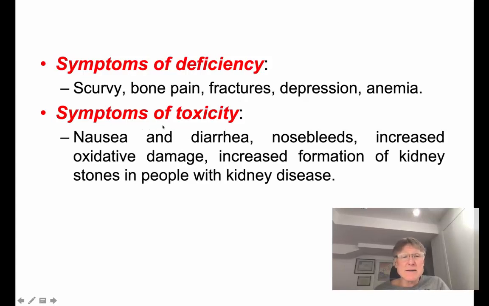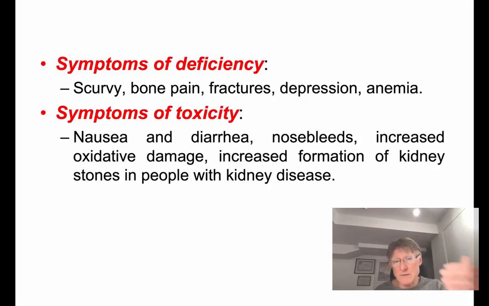Symptoms of toxicity: it can cause nausea and diarrhea, nosebleeds, increased oxidative damage, and increased formation of kidney stones in people with kidney disease. Again, vitamin C is an antioxidant, but it can be a pro-oxidant, and that's why it can also cause damage, depending on the amount. When it has too much vitamin C, it works in reverse.